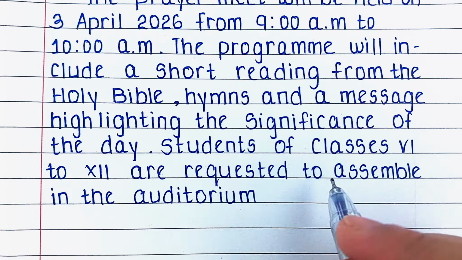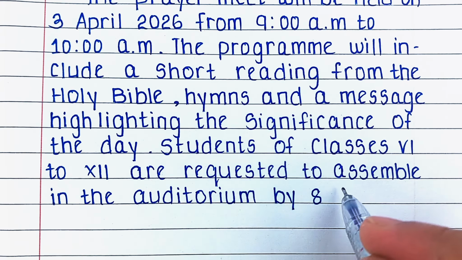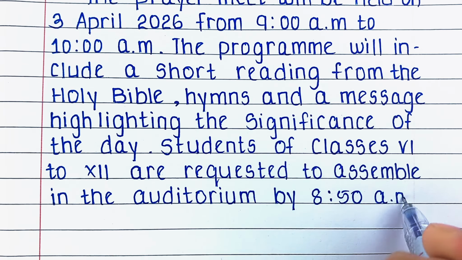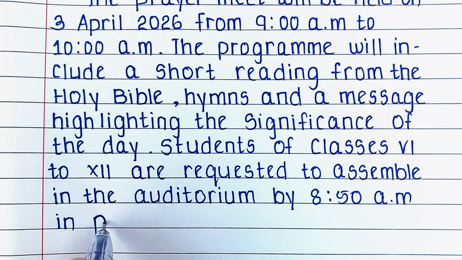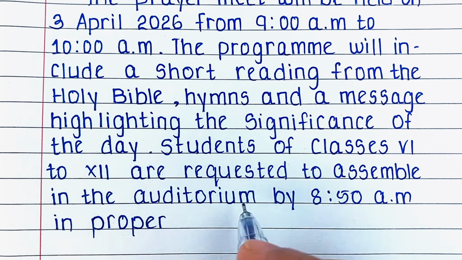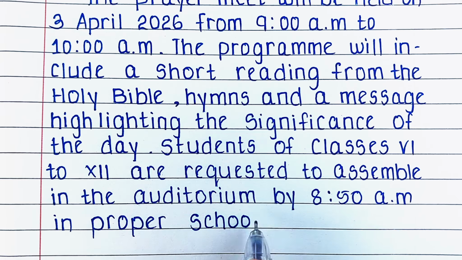Students of class 6 to 12 are requested to assemble in the auditorium by 8:50 am in proper school uniform.